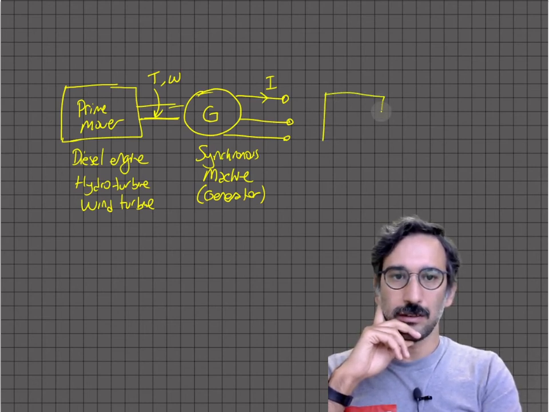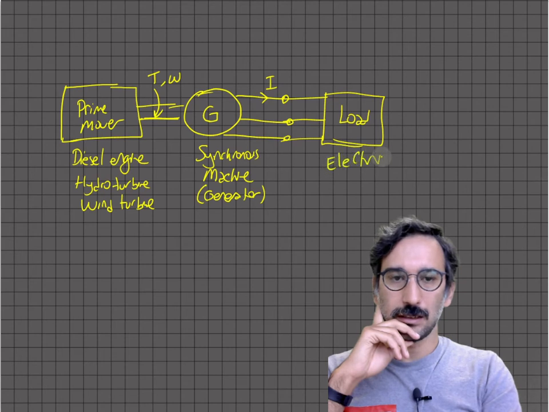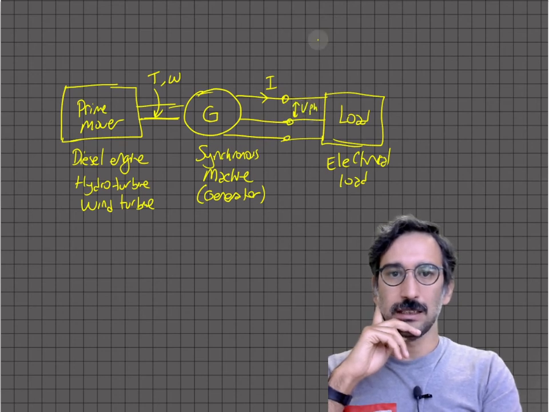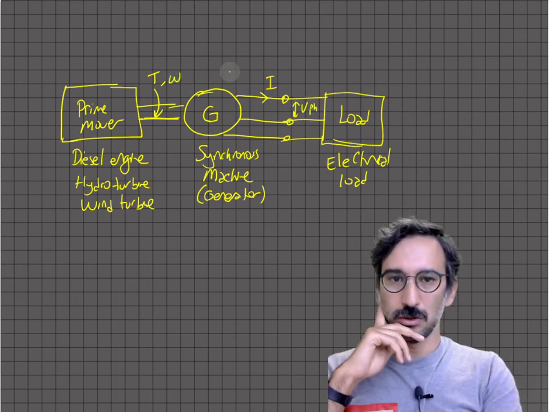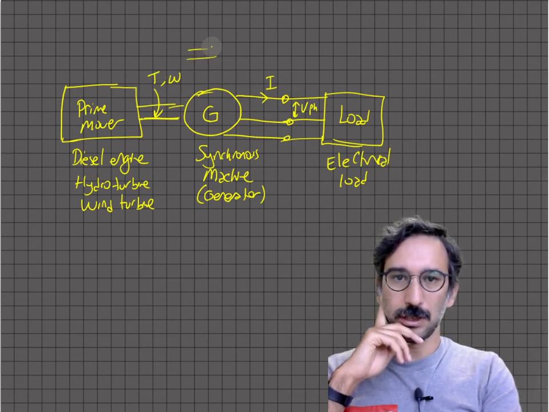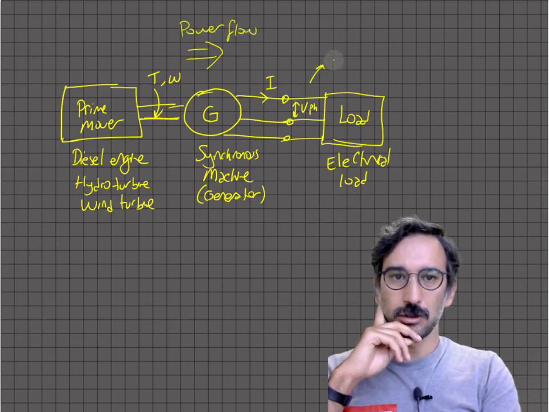You can have a three-phase load connected to that electrical load, with V phase and that kind of system. Again, that controls the power flow. Power flow is in that direction.